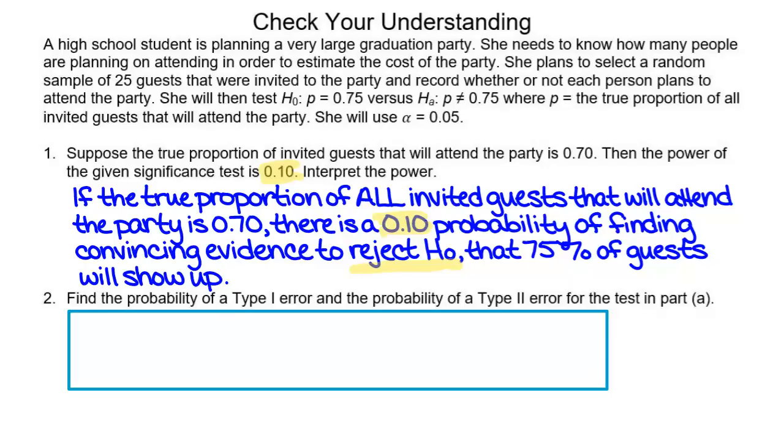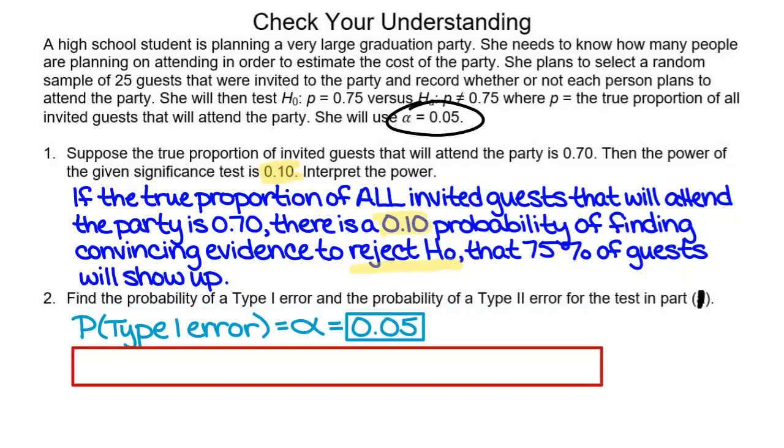Okay, so working off of what we did in part 1, not part A, I should say 1. What's the probability of a type 1 error? 0.05. Probability of a type 1 error is whatever my alpha level is. How do we find the probability for a type 2?